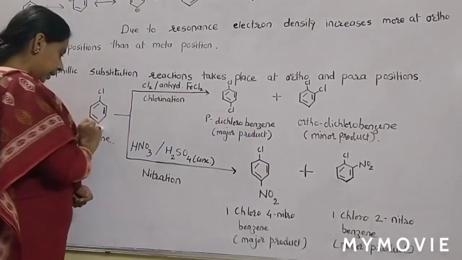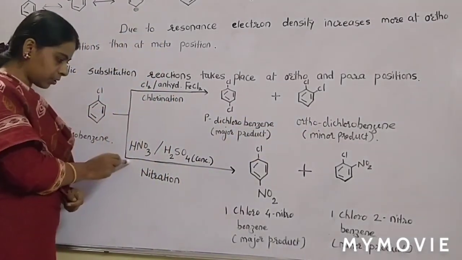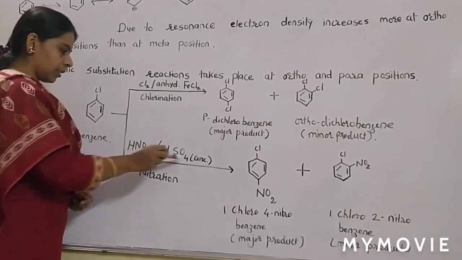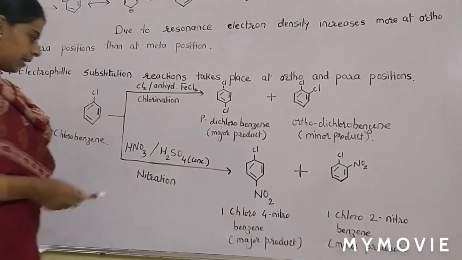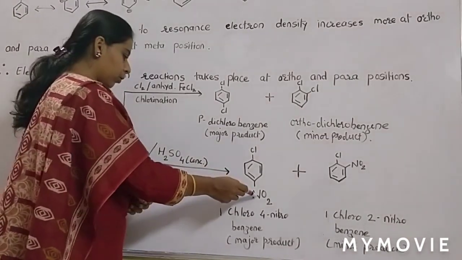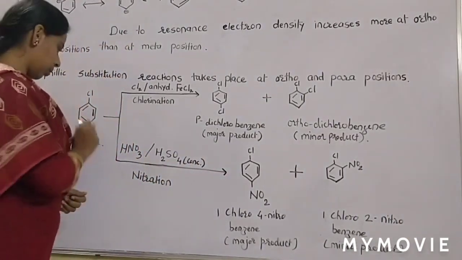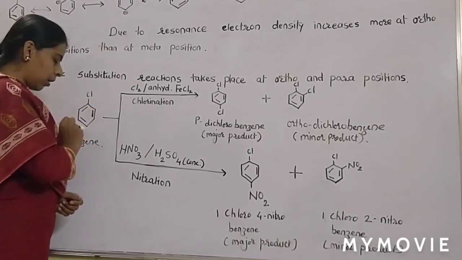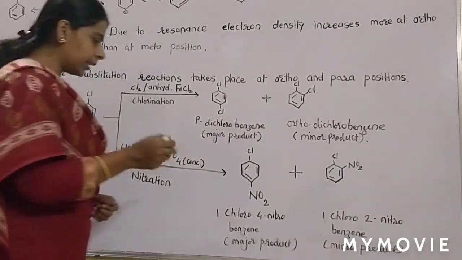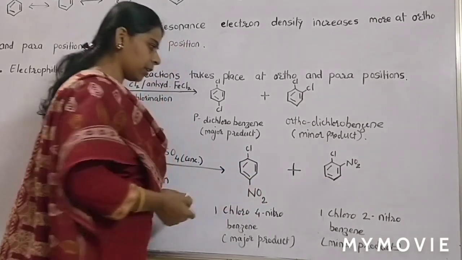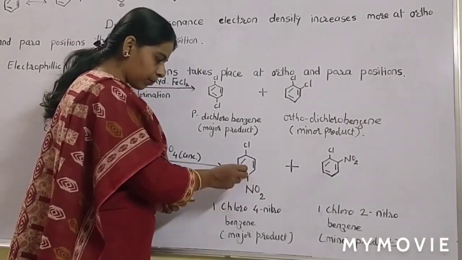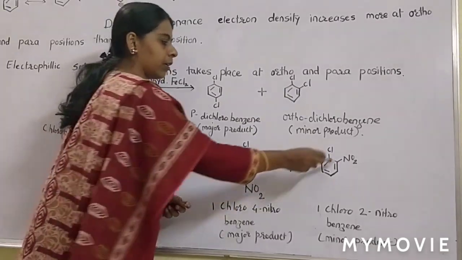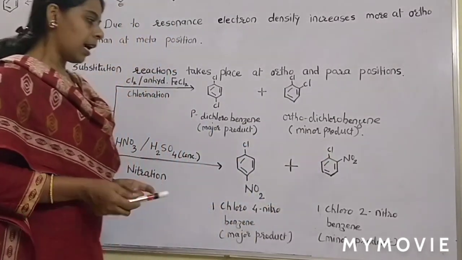Now the same reactant reacts with concentrated HNO3 in the presence of concentrated H2SO4. The reaction is nitration, and during that reaction the NO2 group, that is the nitro group, is attached at the ortho position as well as the para position. So again we are getting two products, in which one has the nitro group at the para position and one has the nitro group at the ortho position.